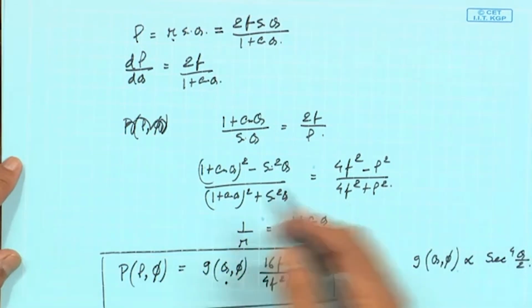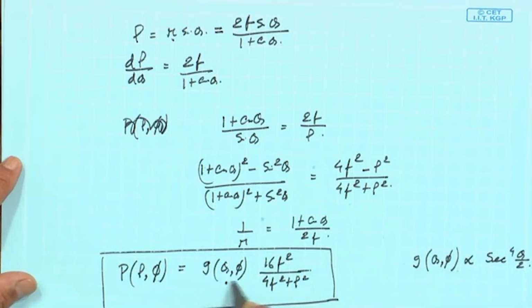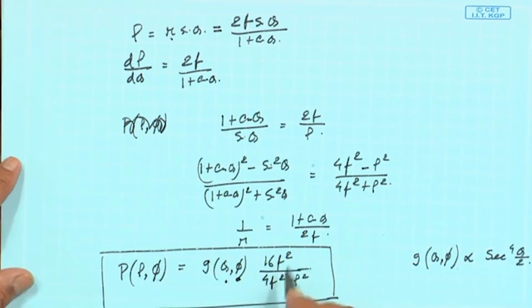Or you can see the other way: suppose the feed is uniform, the feed giving you uniform radiation, then P rho phi will be proportional to 16 f square by 4 f square, which is nothing but 1 plus cos theta whole square.